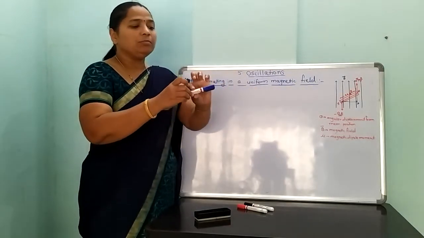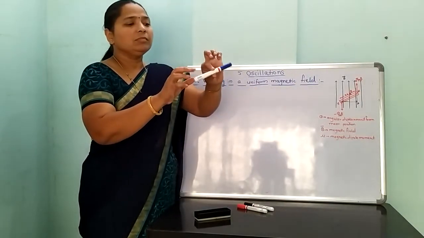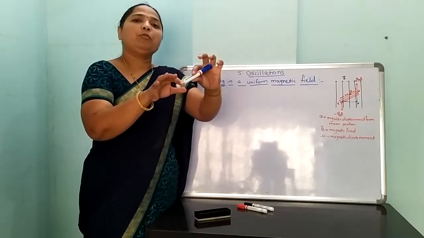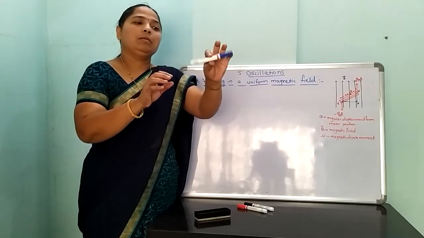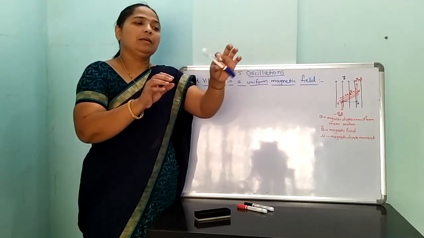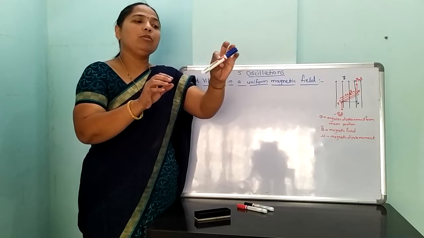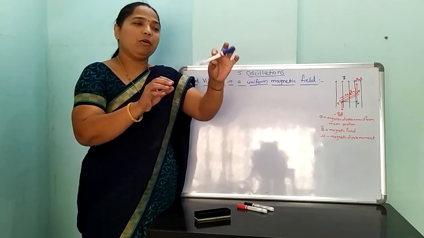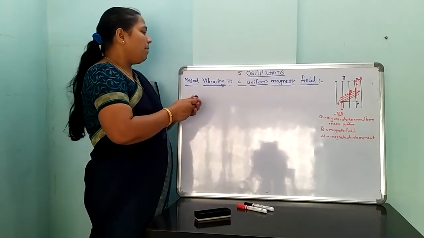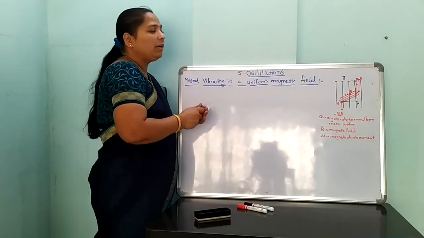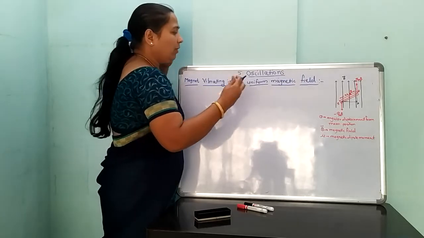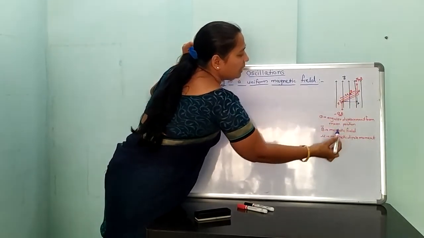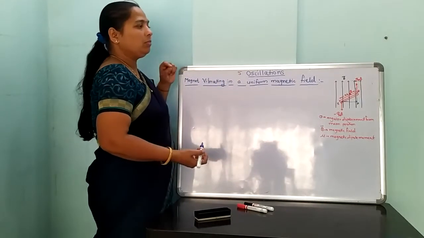And angular SHM is when that type of oscillation takes place, it provides angular SHM due to the torque exerted on it. Therefore, for a magnet vibrating in a uniform magnetic field, theta is the angular displacement from its mean position.